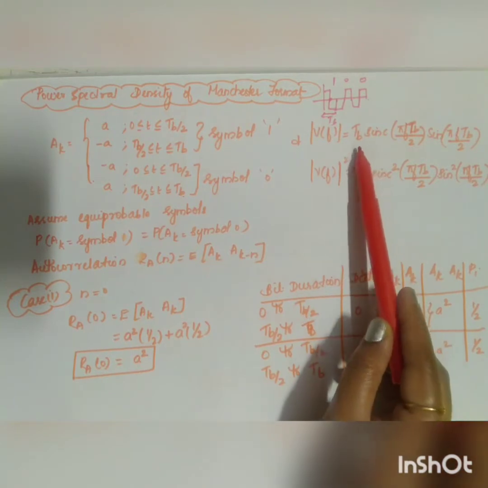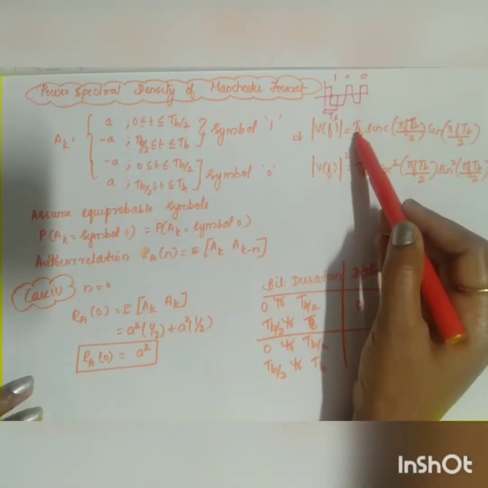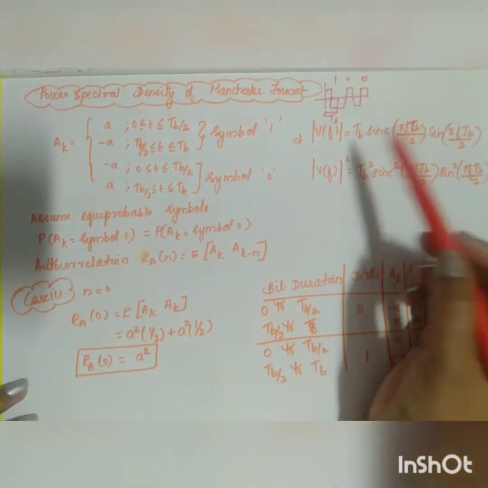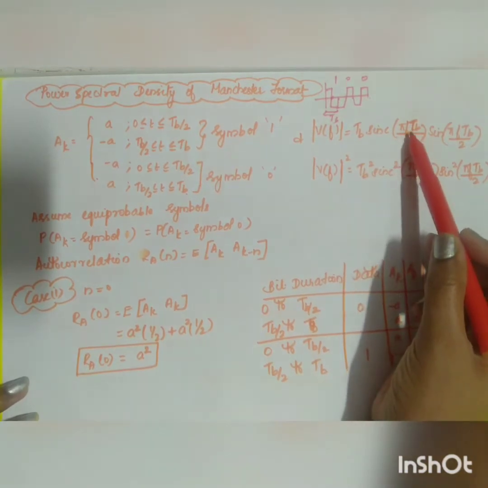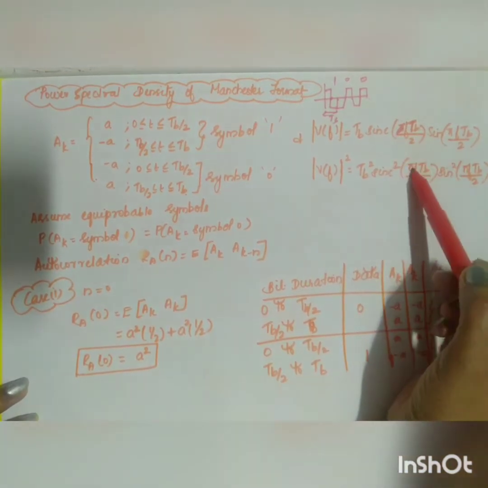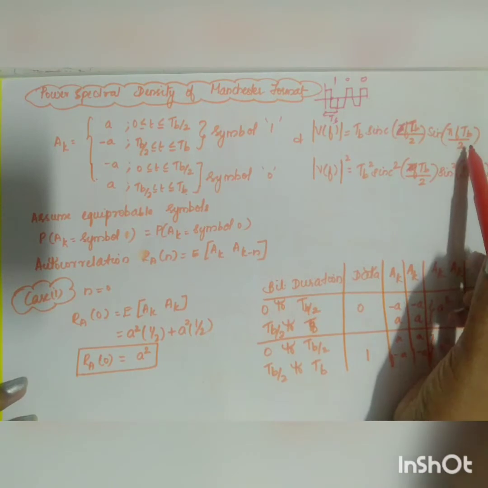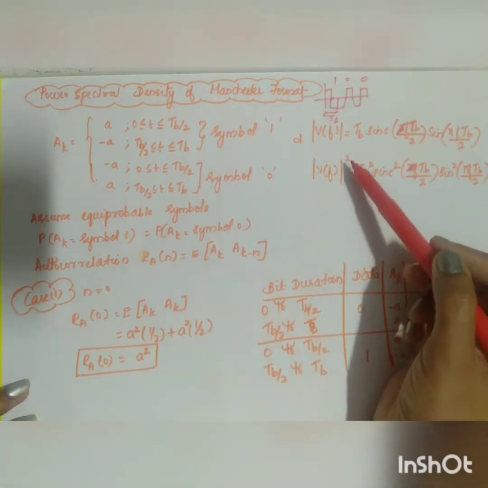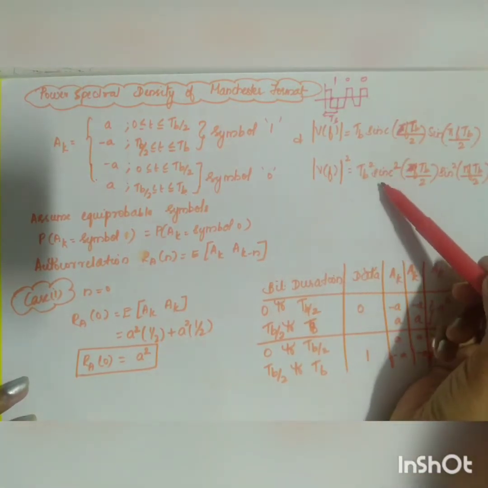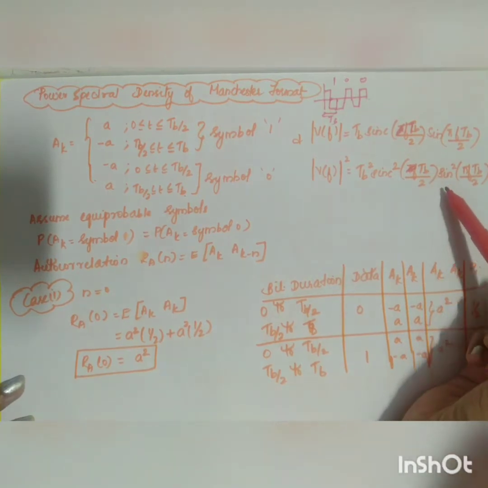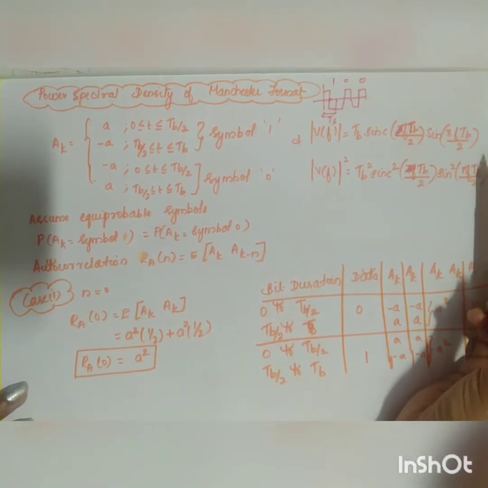So when you take the magnitude of V of F, you will be getting TB into sinc FTB by 2 and sine pi FTB by 2. So the magnitude square is equal to TB square into sinc square FTB by 2 into sine square pi FTB by 2.